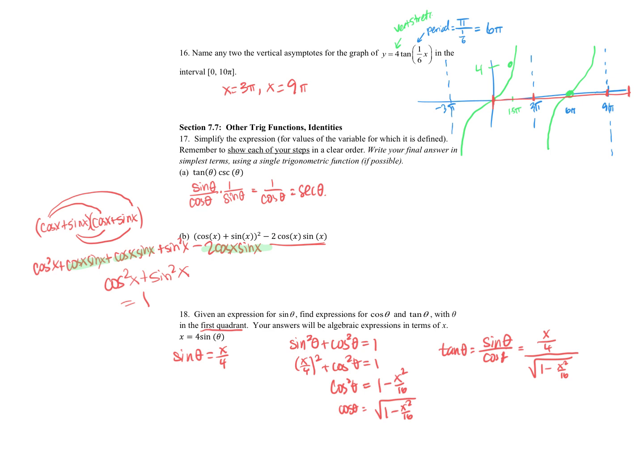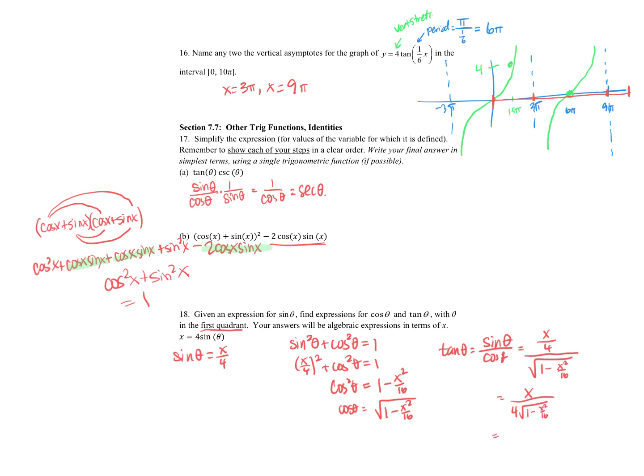And as I'm looking at this, I'm noticing that that is different from what is on the sheet here. So let's see if we can simplify a little bit more and get to it. So I'll have x over 4 times the square root of 1 minus x squared over 16.